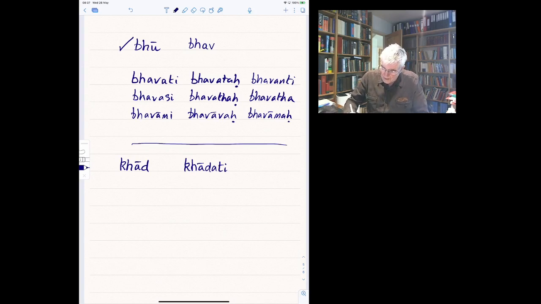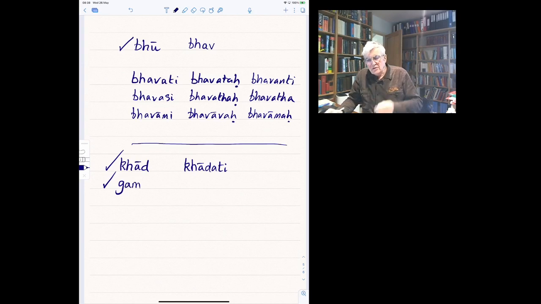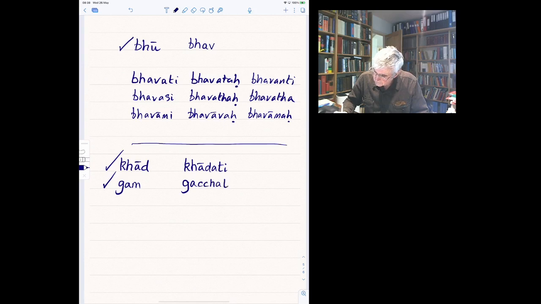From the root gam, very well known root gam. This is irregular. You would expect something like gamati, but it's not. It's irregular, and the m changes to a ch. So he, she, it goes, in fact, is gacchati.